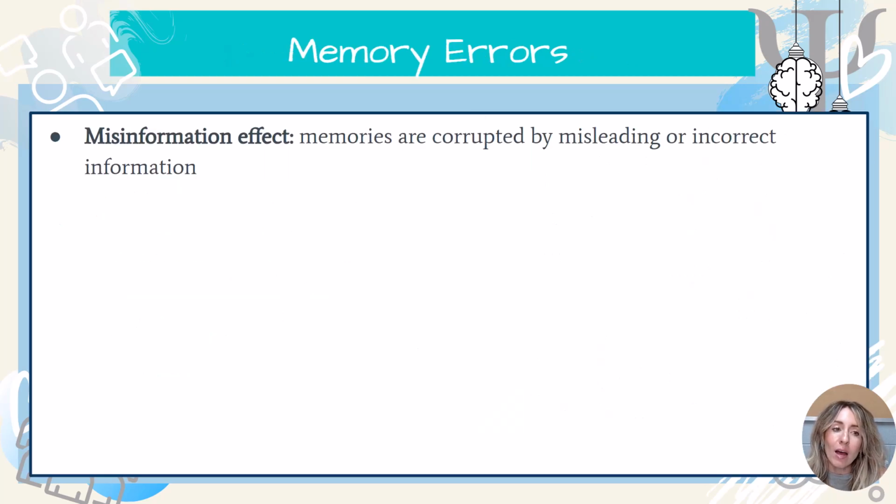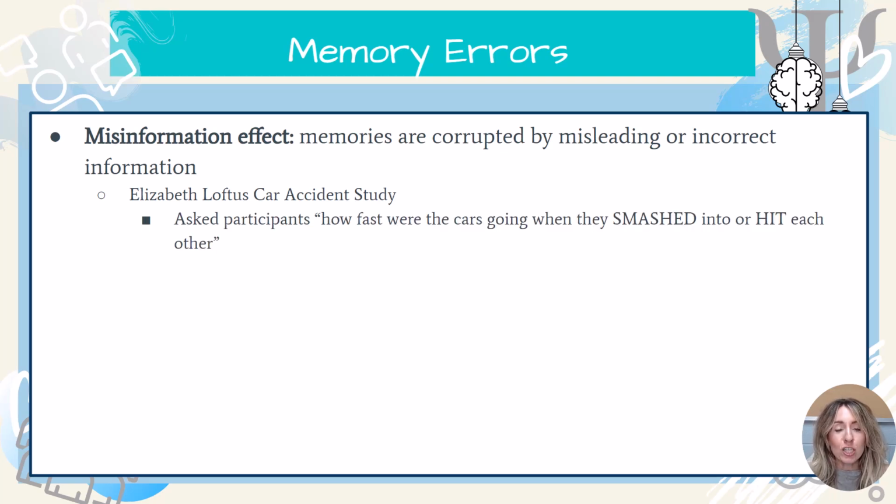One of the most common and most studied memory errors is the misinformation effect. This is the idea that our memories can be corrupted by misleading information. A very famous psychologist, Elizabeth Loftus, studied this phenomenon by asking people about a car accident. She asked participants in her study, how fast were the cars going when they smashed or when they hit each other?